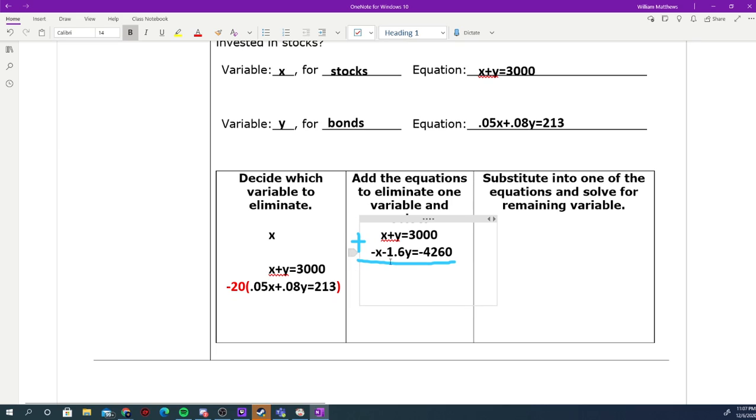Y plus a negative 1.6y will leave me with a negative 0.6y equals negative 1,260.